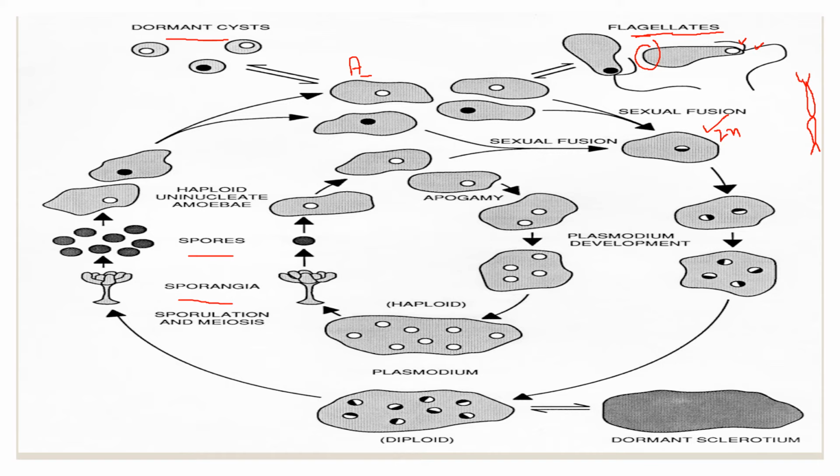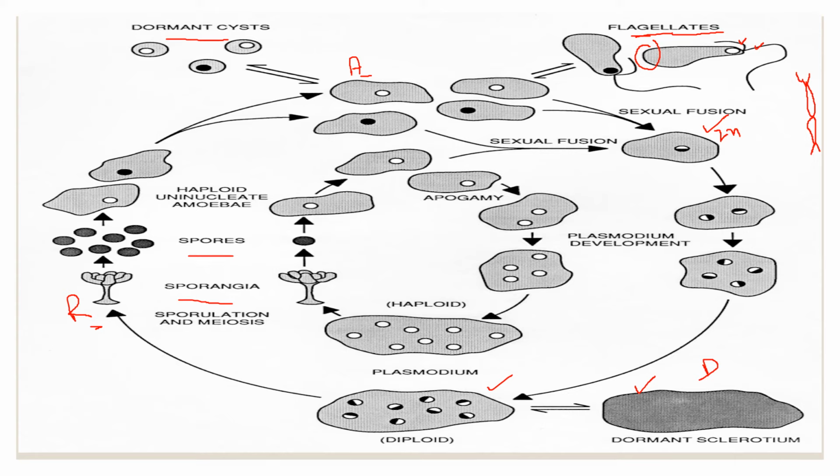So this zygote undergoes repeated division to form a plasmodium. This plasmodium, after a period of feeding and maturing, if it suffers a stressful condition, is converted to a dormant sclerotium, or there is also an alternative path, that is the reproduction. So this is the reproduction, and this is the dormant phase.